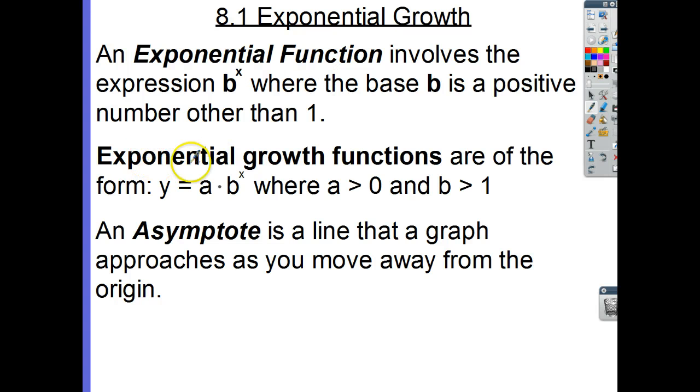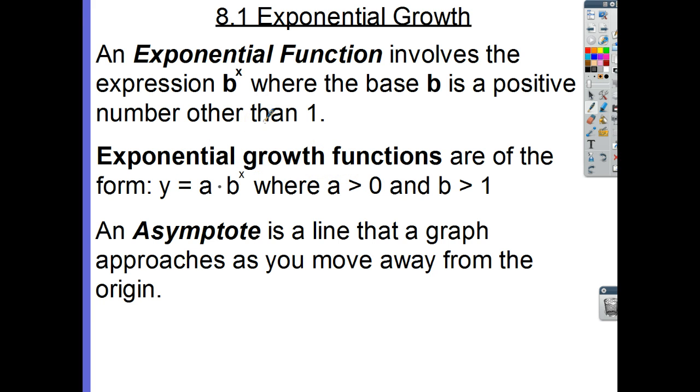Now we want to talk about exponential growth functions, and they are of the form y equals a times b to the x, where a is greater than 0, so that means it's got to be positive, and b is greater than 1. Now there's subtle differences between exponential functions and exponential growth functions.